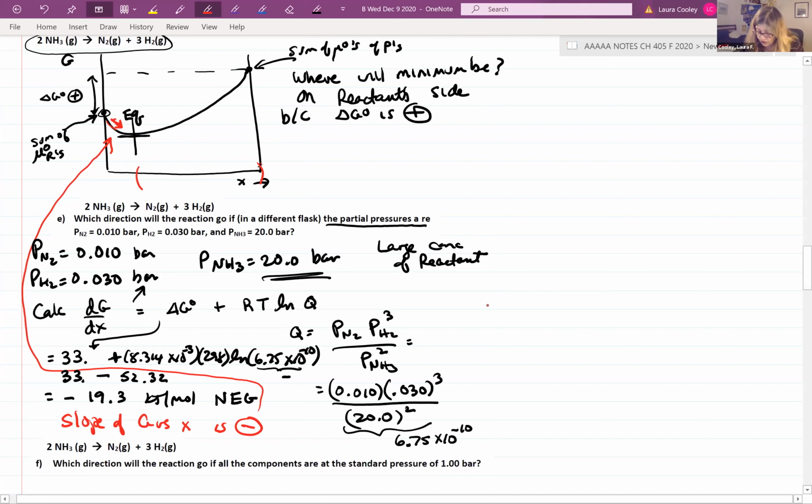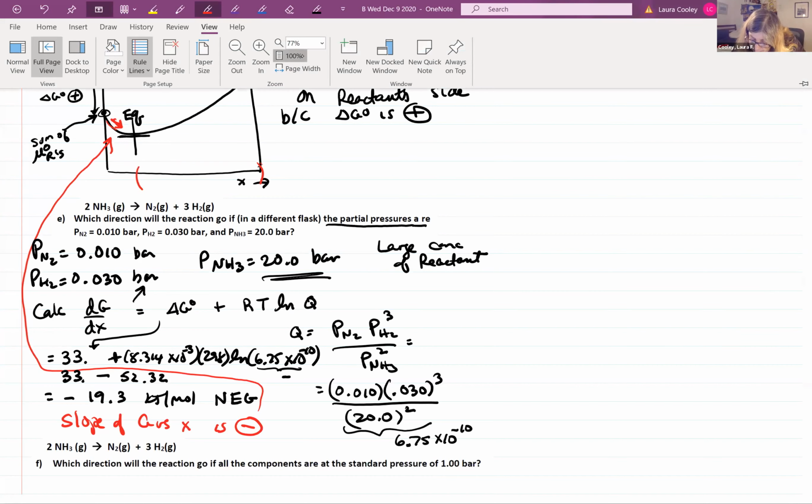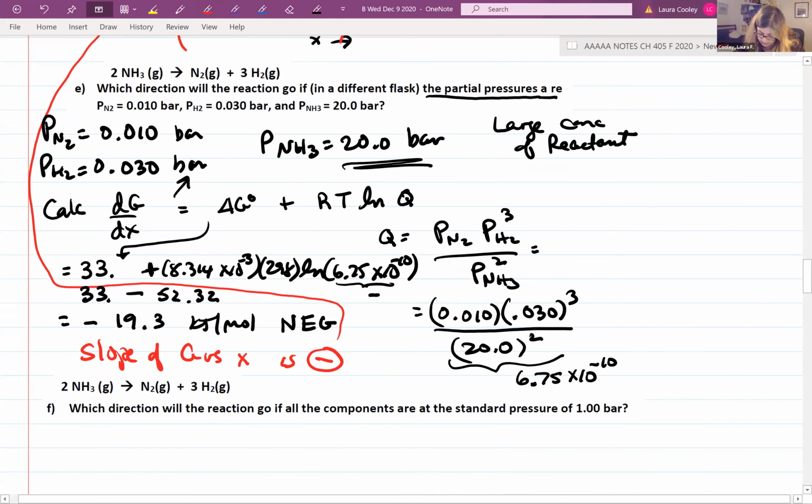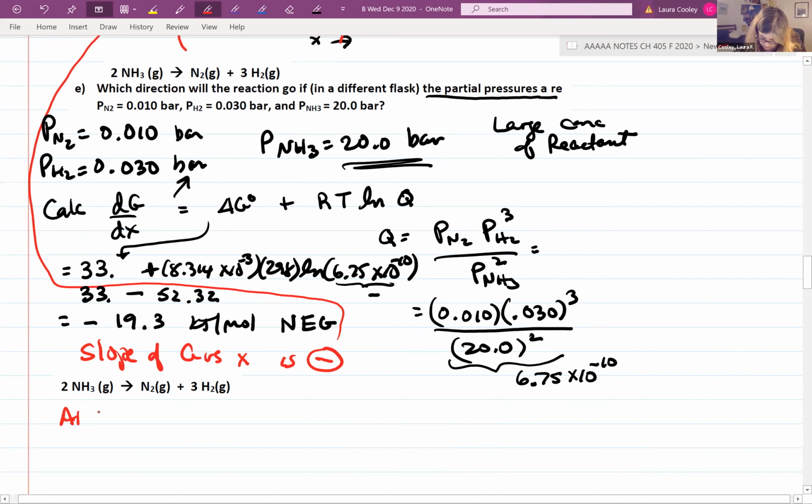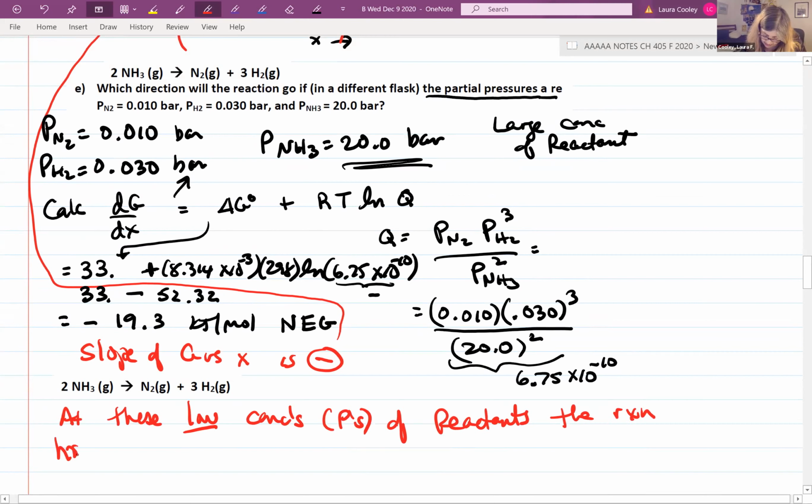Due to the low concentrations of the products, the reaction has not yet reached equilibrium. So it's still going forward, right?